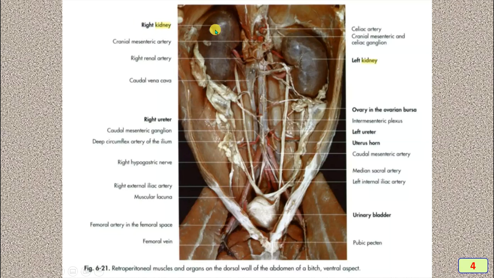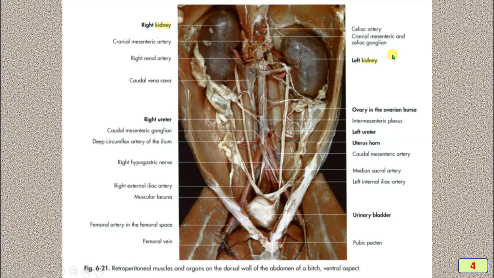The right kidney is a little upper, and the left kidney is a little lower. This is the retroperitoneal muscles and organs and dorsal wall of a bitch with ventral aspect. These kidneys are connected with the urinary bladder by the ureters. Both ureters are there.